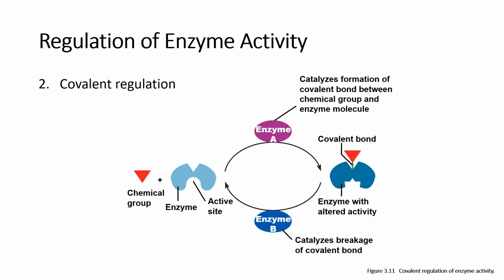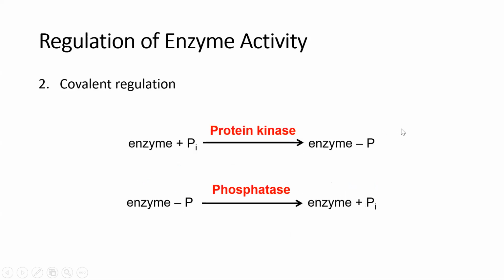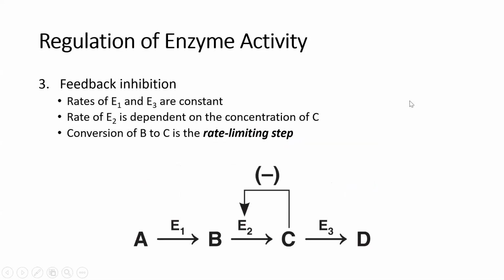So either turn it on or turn it off, depending on the specific examples. And we talked about protein kinases and phosphatases being examples of those two types of third-party enzymes that help to regulate some of our other enzymes. Again, we'll point out many more examples as we go through each of the systems.